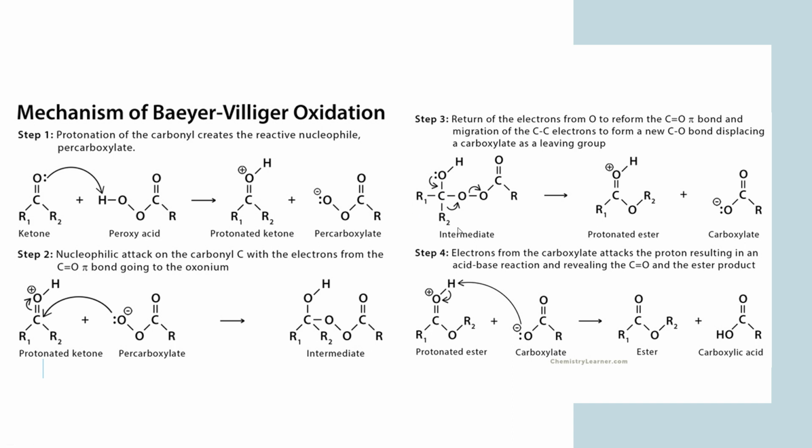Okay, that alkyl shift will always follow the migratory aptitude order. So suppose you had phenyl and methyl here, you have to shift the phenyl preferentially to the peroxy oxygen.